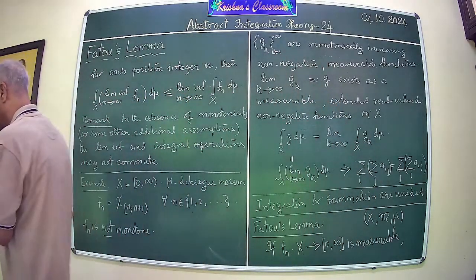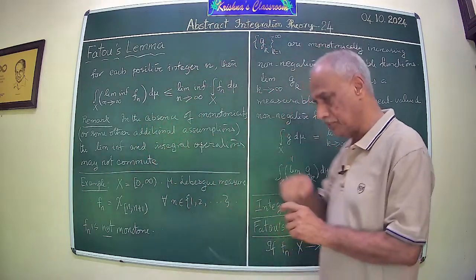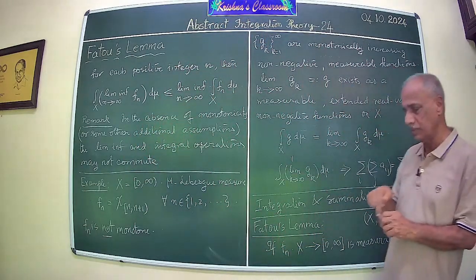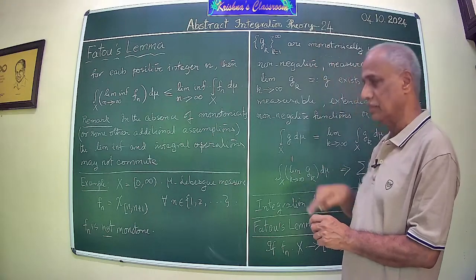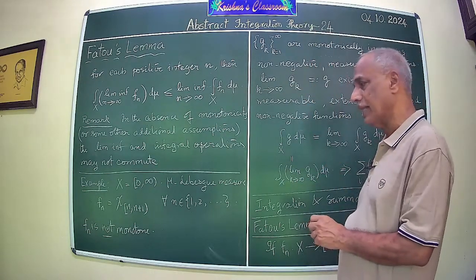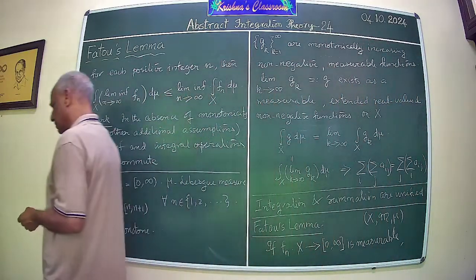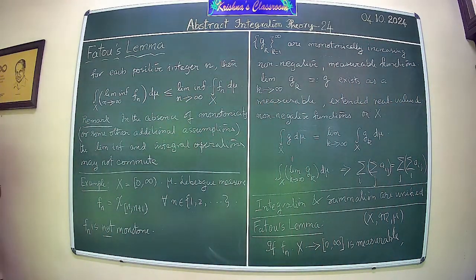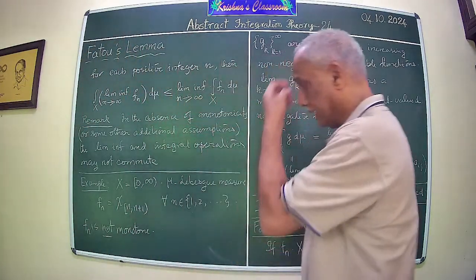So you get a sequence where the value of the function at any point is going to be 0 for all values of n except for one. So it's not a monotone sequence. Somewhere it breaks that condition.